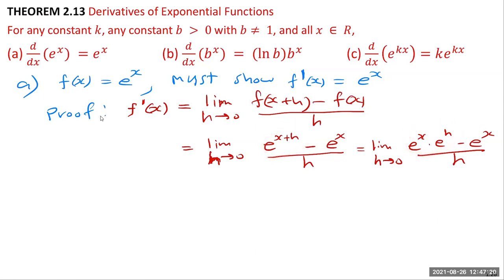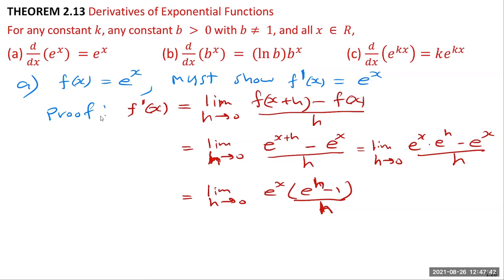All right, now I'm going to pull out e to the power x from the top. Limit as h approaches 0. If I pull out e to the power x, you get e to the power h minus 1 divided by h. That's what you get.